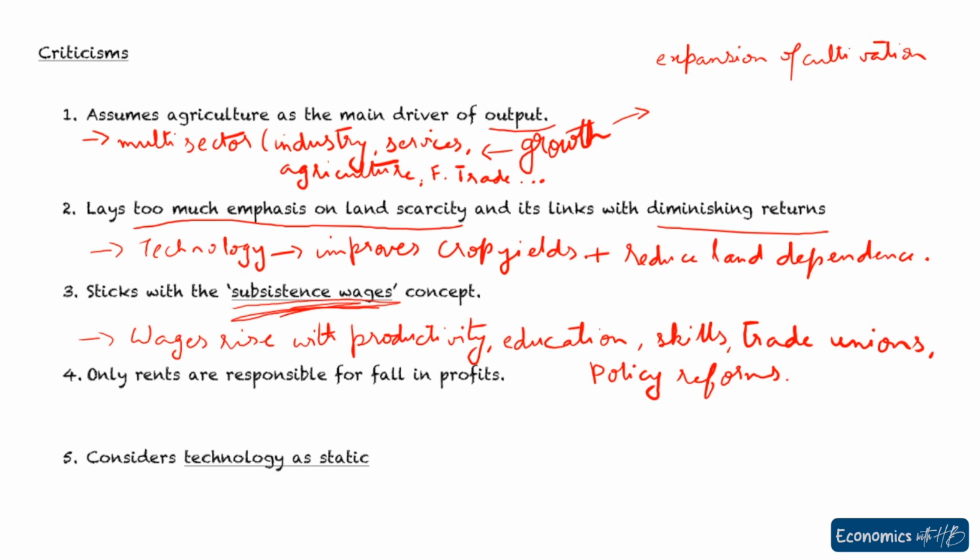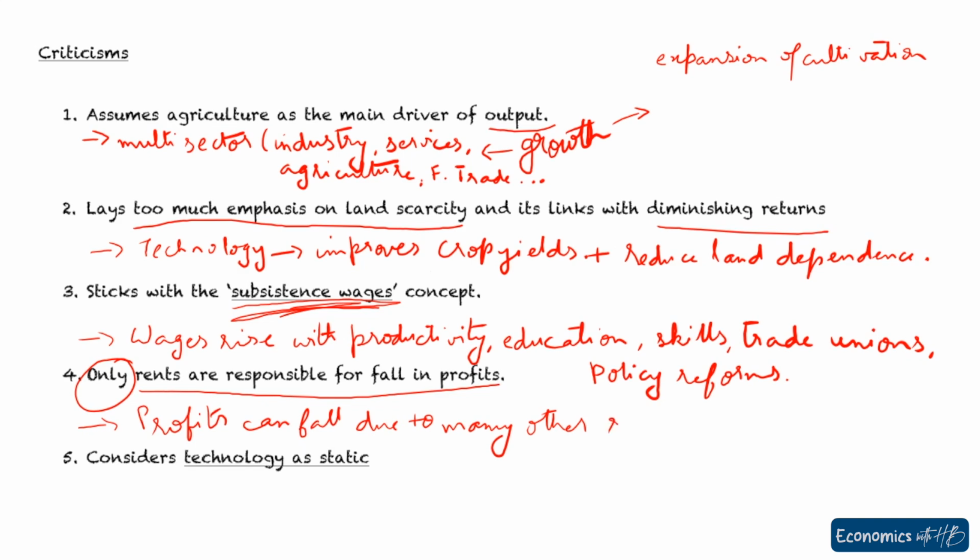He also links the fall in profits to the rise in rents alone, which may not be true. He says that profits fall only because rents eat into them. This is not really true, because profits can also fall due to many other factors: spending on innovation and R&D, competition, governmental regulations, and a whole host of other reasons.